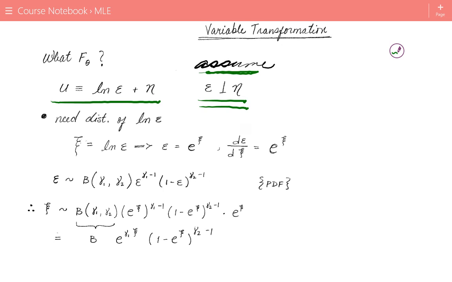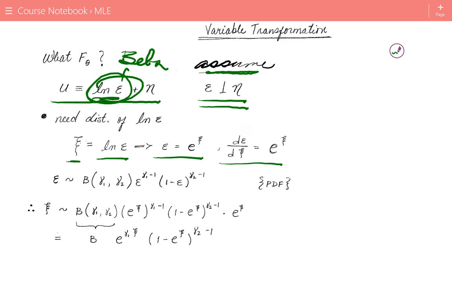So first, I want a distribution of log epsilon, right? I know that epsilon has a beta distribution, but I don't know what log epsilon is. So we will do this by saying a new variable psi is equal to log epsilon, therefore epsilon is equal to e to psi, and the derivative d epsilon d psi is equal to e to the psi. Now, we know that epsilon has this density associated with it because this is the beta distribution.